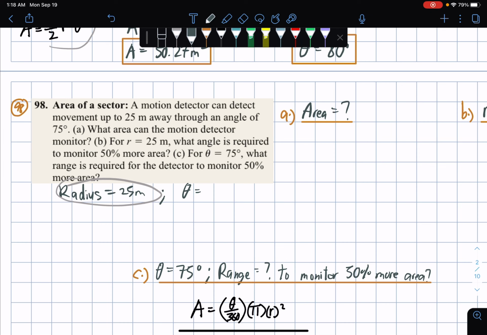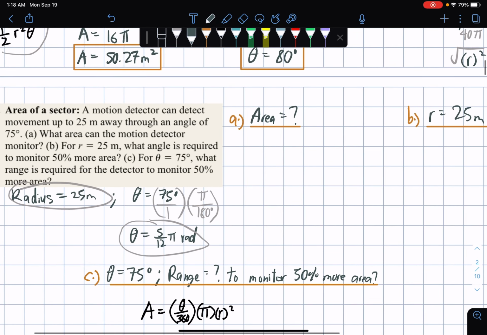Through an angle of 75 degrees, so convert 75 degrees to radians. You get something like this, wherein theta is finally equal to 5 over 12 pi radians.